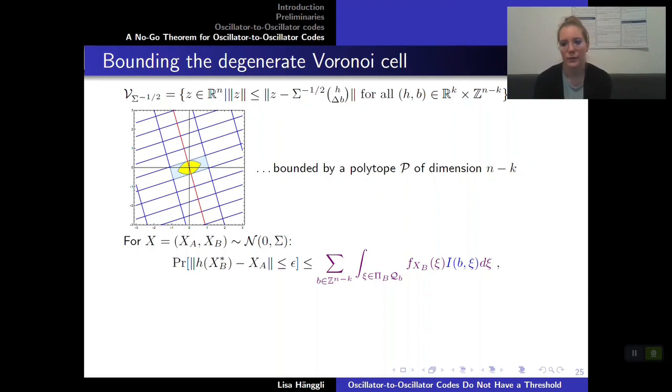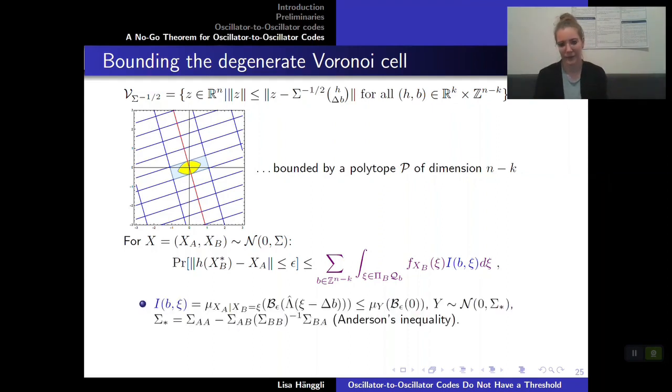And now for these integrals, we can bound them using standard techniques. And here, the blue part is the probability of x_A belonging to a shifted ball, given that x_B is equal to psi. And here the lambda hat is a function of the covariance matrix sigma. And this expression then can be bounded by a Gaussian measure of a ball around 0 by using Anderson's inequality.